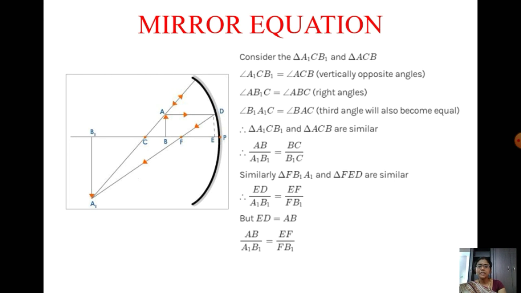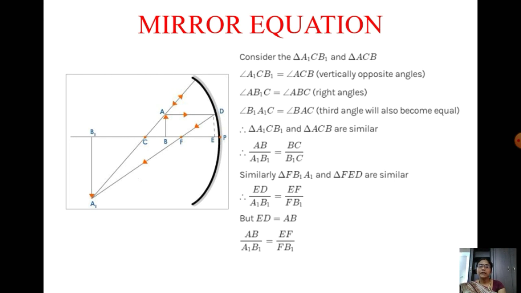ABC is one triangle and another triangle is A1B1C is the other triangle. So how do we say that these two triangles are similar? If the shapes of the triangles are the same, we can say it is a similar triangle. If it is having the angle 90 degree, then also we can say it is a similar triangle.